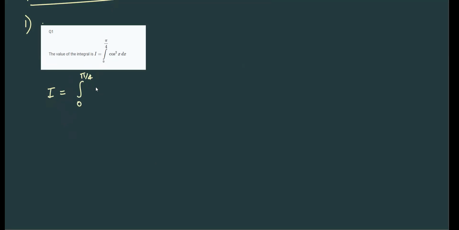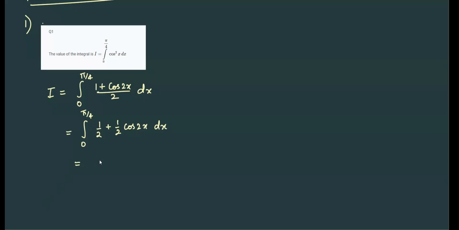Cos square x is 1 plus cos 2x upon 2. Now this is integral 0 to pi by 4 of half plus half cos 2x dx.